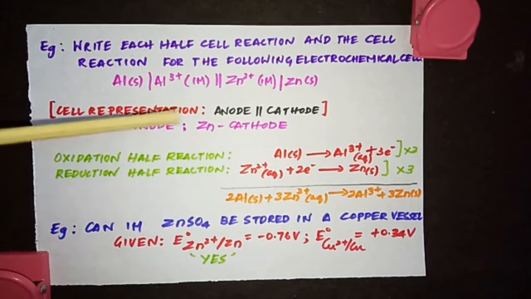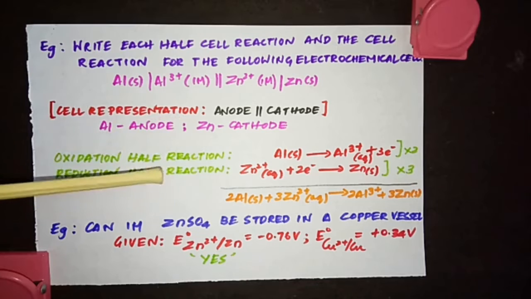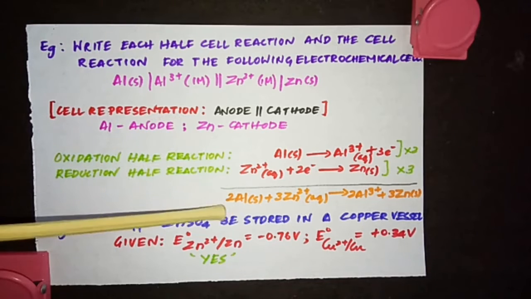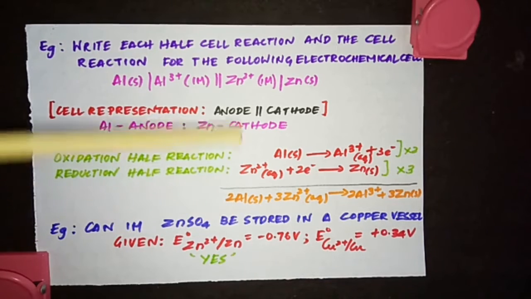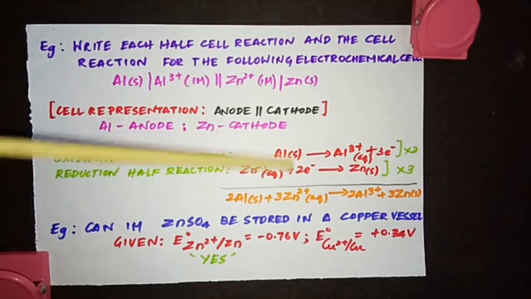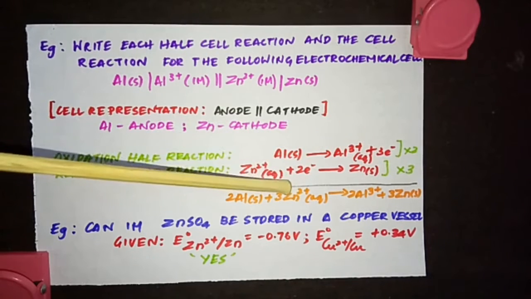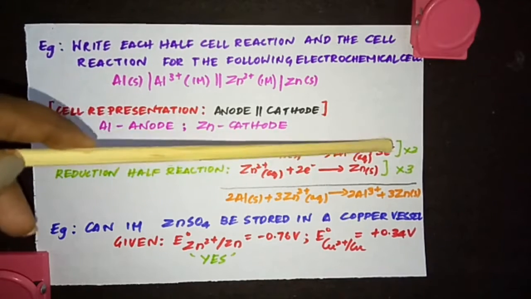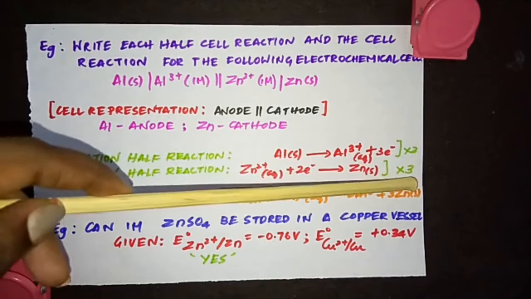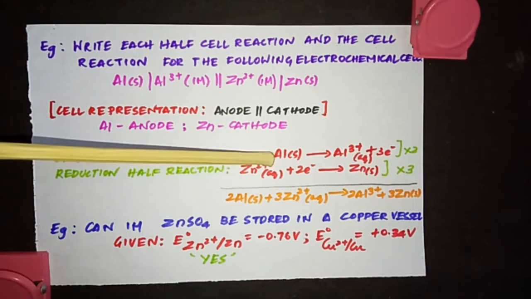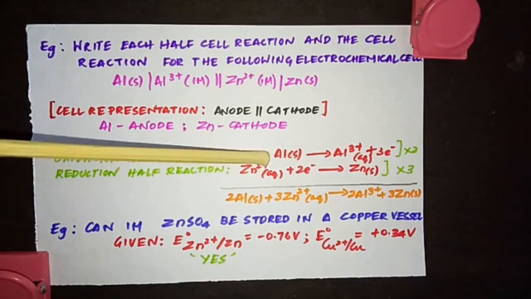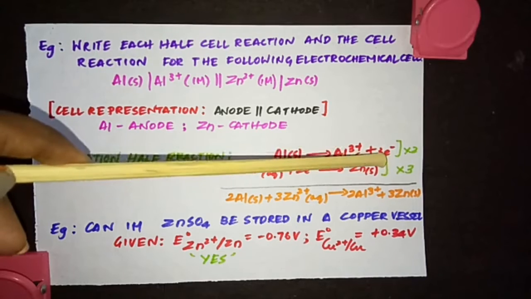So now we have the oxidation half reaction and the reduction half reaction. Before writing the overall cell reaction, I told you already these electrons should get cancelled out. But here we have 3 electrons, here you have 2 electrons. So to make them equal, you multiply this with 2 and this equation with 3. So you get 2Al giving you 2Al3+ plus 6 electrons.